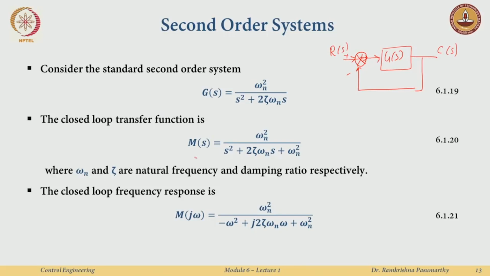So the closed loop transfer function, which we derived even while we were doing the second order system, was this, and I just substitute s equal to j omega to get the sinusoidal transfer function, and this is how it looks. So let us see what information this gives us.